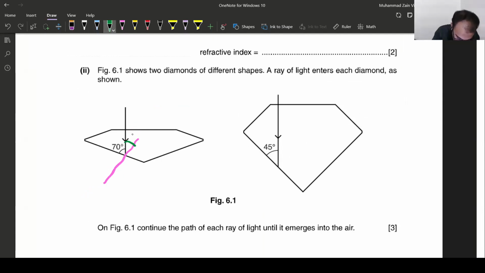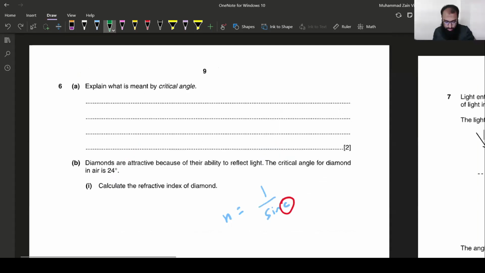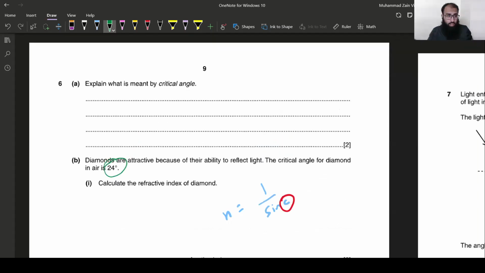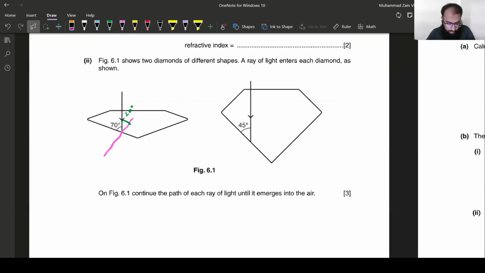So I know this would be equal to 20 degrees because this whole thing is 90 degrees, and if this is 70, the remaining of it should be equal to 20. So I know it's equal to 20, and this 20 is lesser than the critical angle. The critical angle is 24 and it's less than that. So obviously there would be no internal reflection and it would just simply pass into air, and since it's traveling from diamond into air, it would move away from the normal. So it would move somewhere like here with this angle which should be greater than 20 degrees.